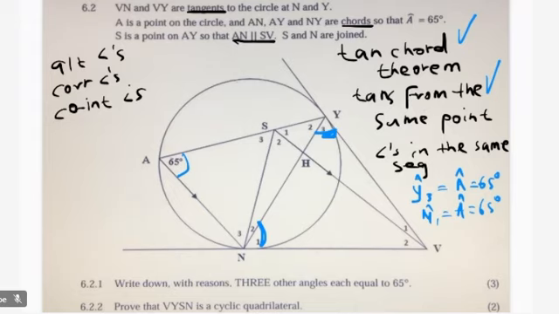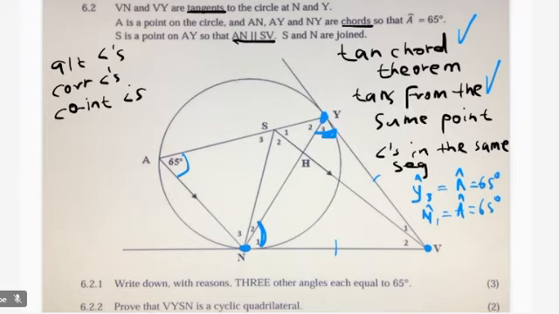These tangents are coming from the same point, which is V, and they touch the circumference of the same circle at different points, as you can see. What this theorem is saying is that these tangents are equal because they come from the same point and they touch the same circle.